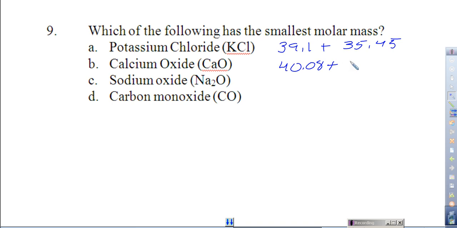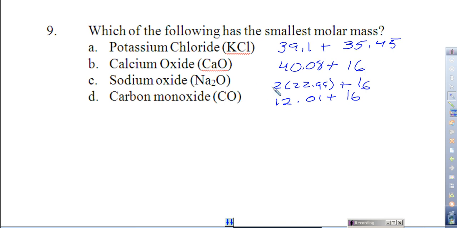Plus. All right. What would you put in for sodium oxide? So you're going to put 2 times 22.99 because there's 2 sodiums plus 16. What about carbon monoxide? What's carbon? Plus what?